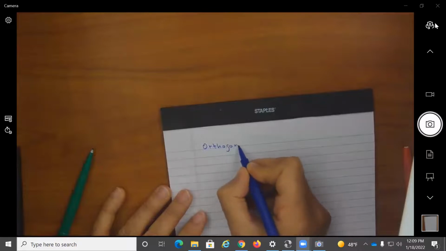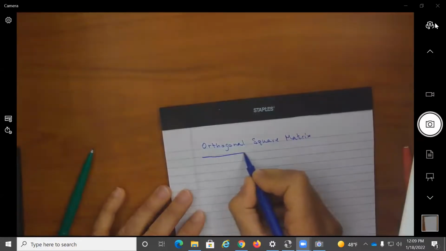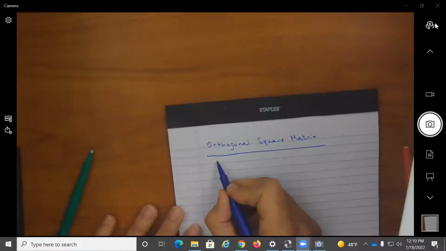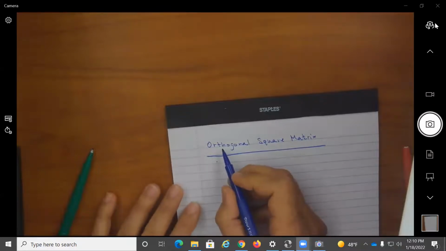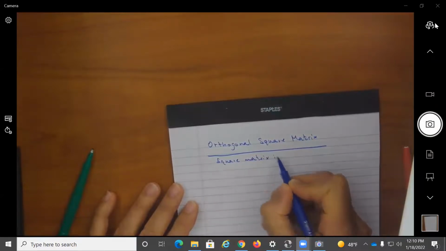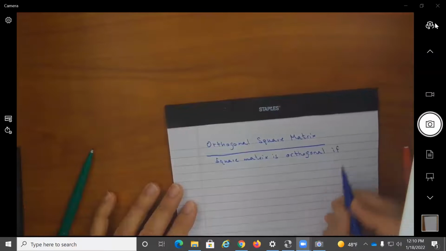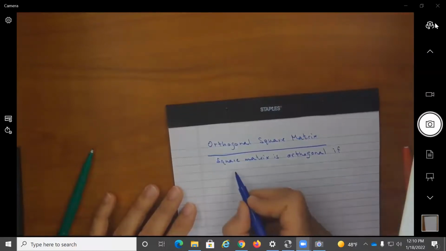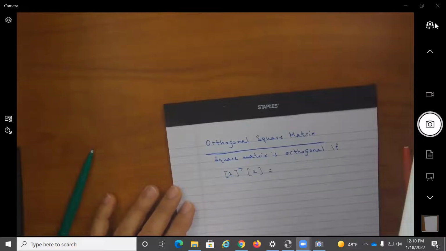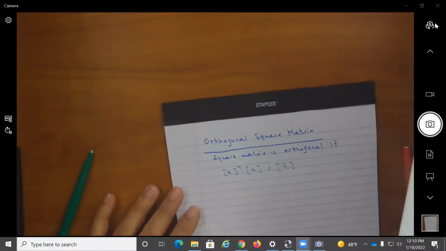Next, orthogonal square matrix. A matrix, or a square matrix, is orthogonal if A transpose times A is equal to I. What does that imply?